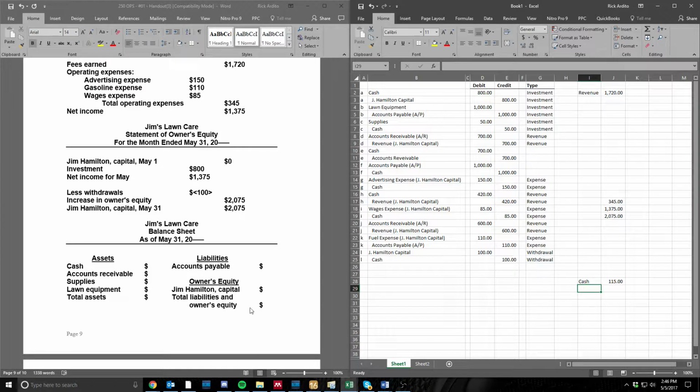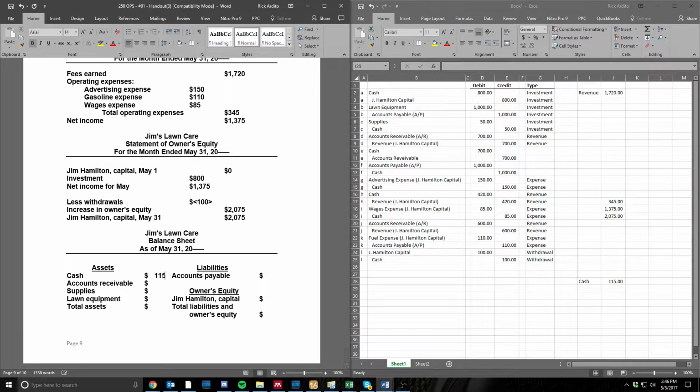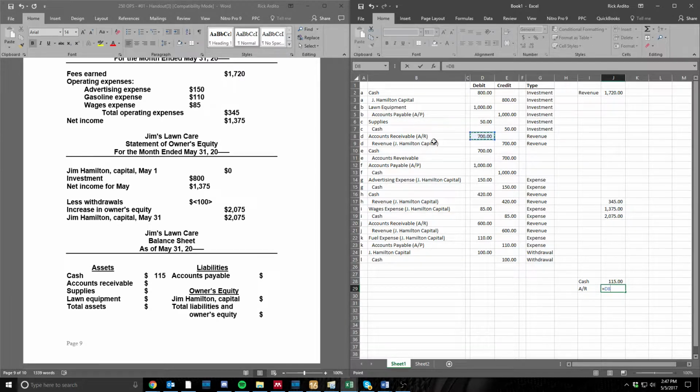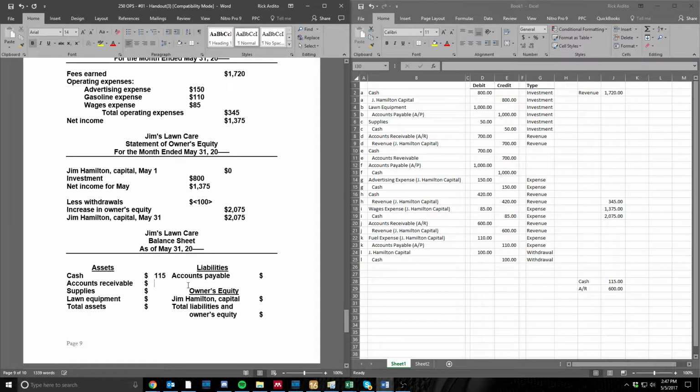So our cash account is $115. What about accounts receivable? Accounts receivable, we added to it here. Then we subtracted from it here. Then we added to it here. And that's it. So we have $600 in accounts receivable.